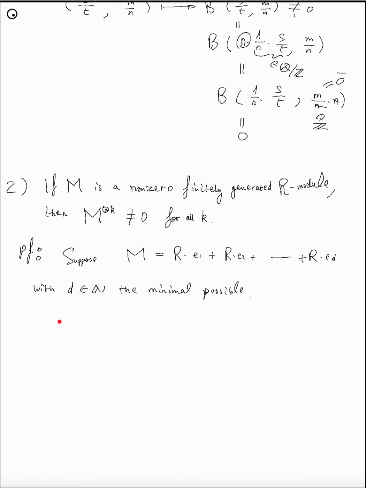And then we rewrite it as N plus R times ed. Basically, we collect the first d minus 1 terms and call it N. And then after we write like this, let's notice that because this is the minimum possible, our R ed is not in N, in particular ed is not in N, right?